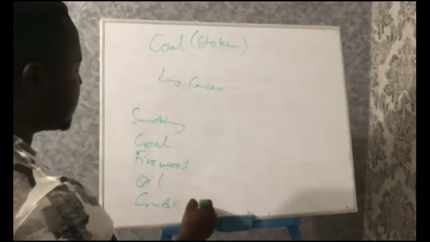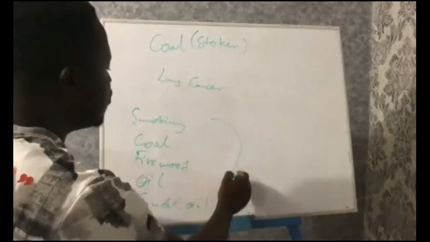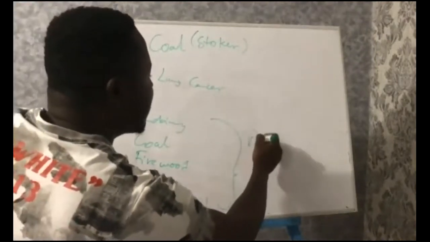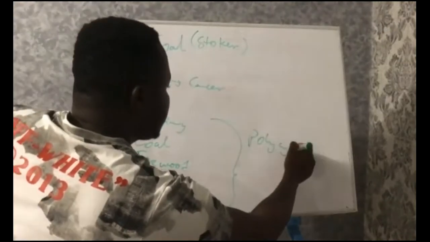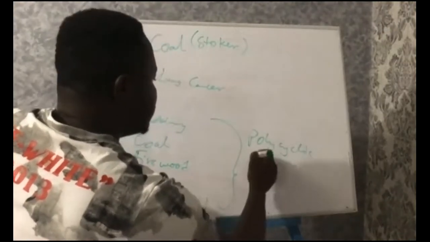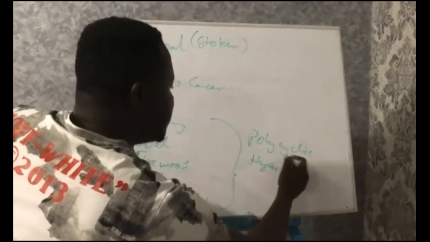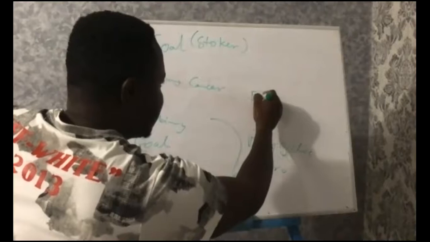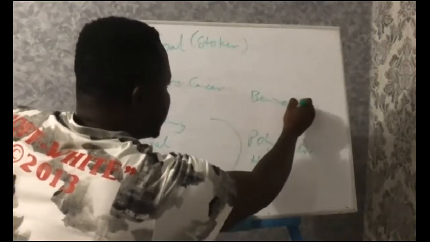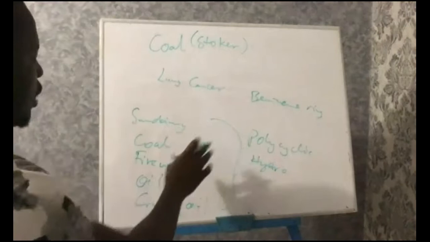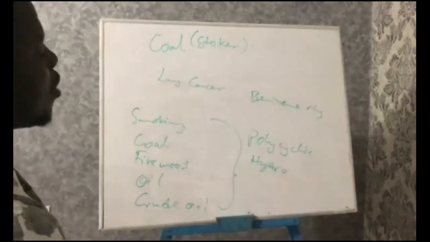These substances or activities lead to the production of what we call polycyclic hydrocarbons. It's something like a benzene ring. So this is what is gotten from the fumes coming from the smoke, the coal, and reusing of oil.